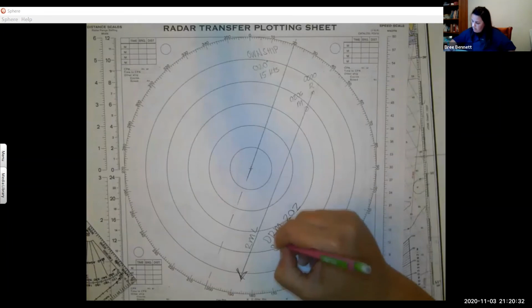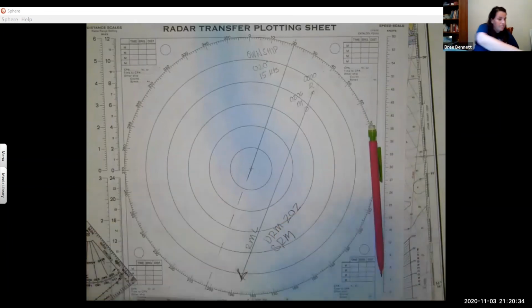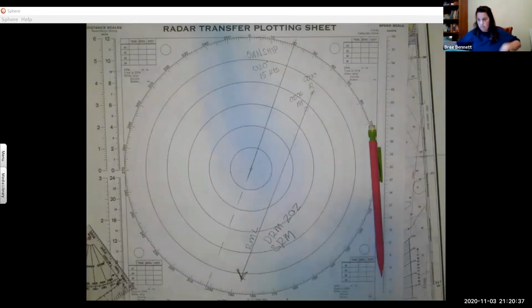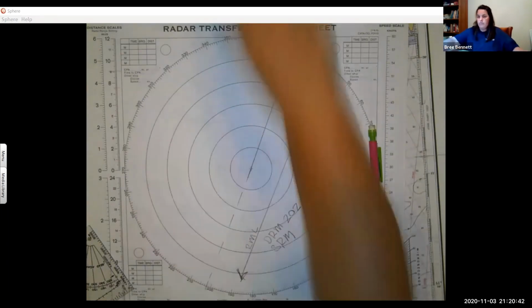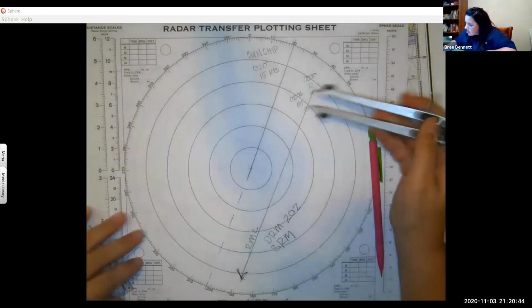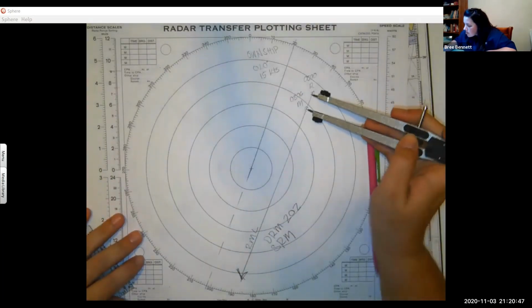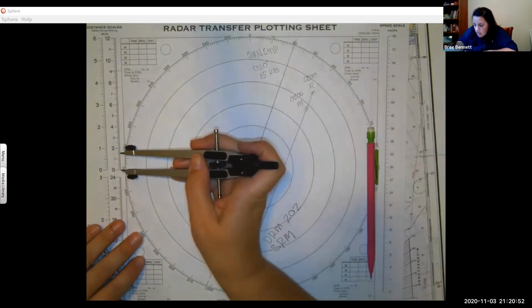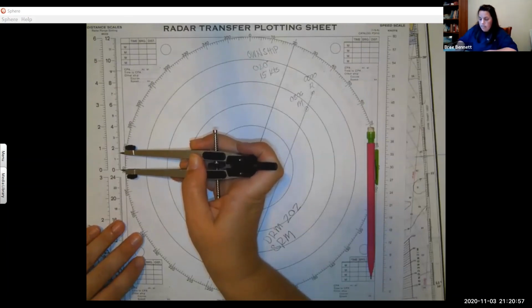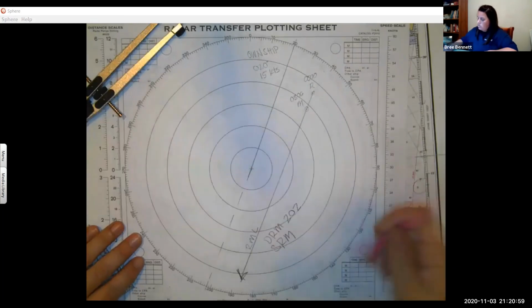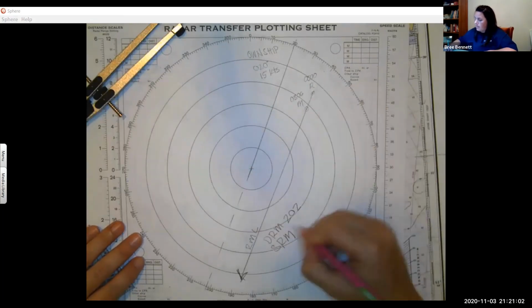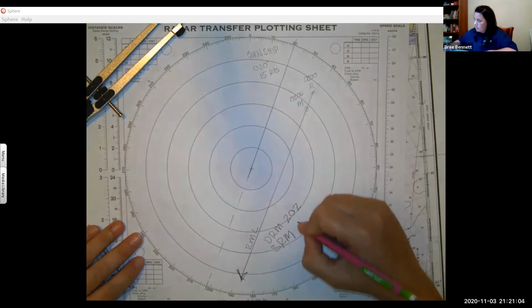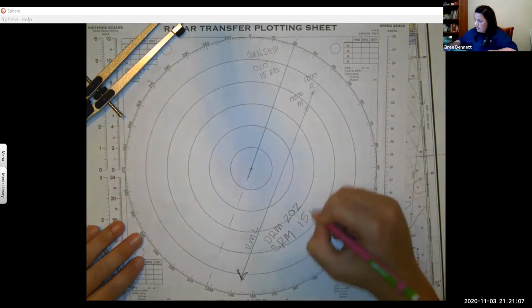Our speed of relative motion line, about 1.5. So my distance is 1.5. That would give me a relative motion of 15 knots.